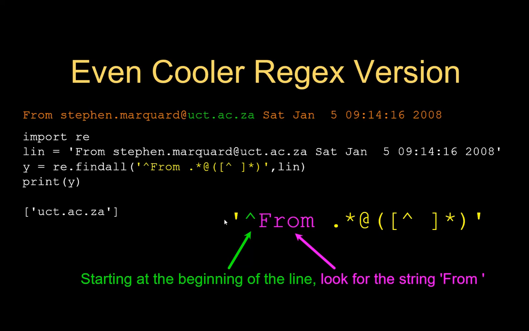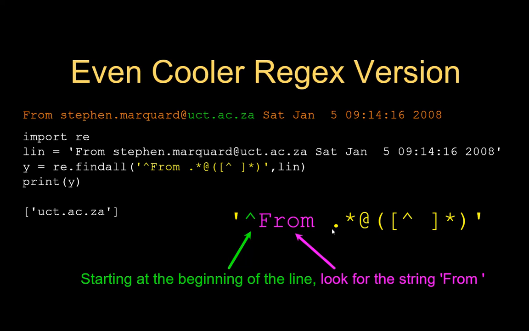Okay, so again, if you want to do a bit more efficient, we have this caret From, which means that the line has to start with the word From with capital F. Then we have to have a space.